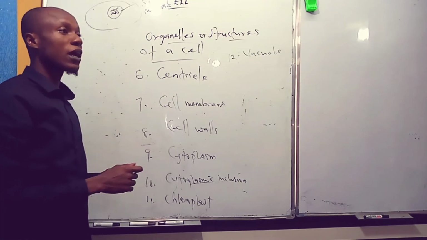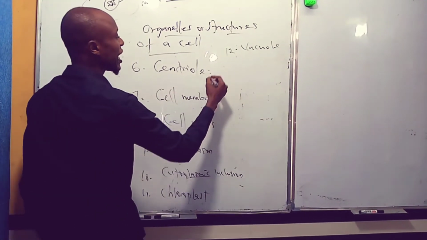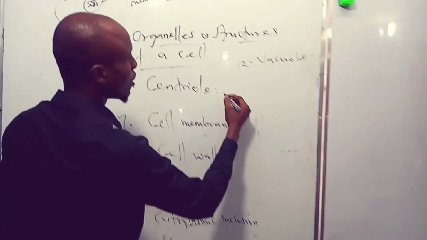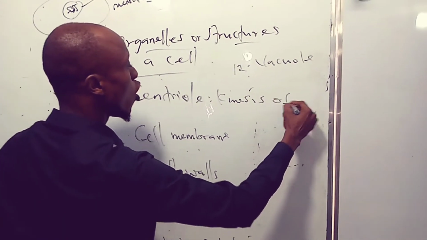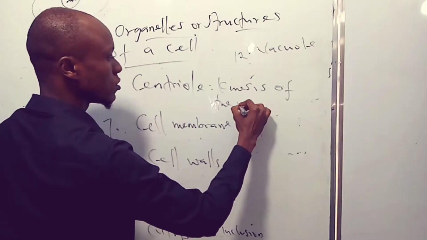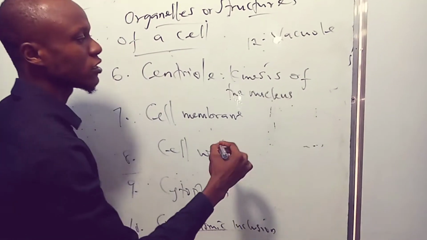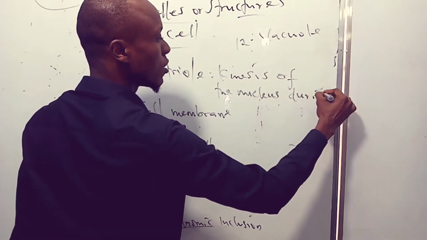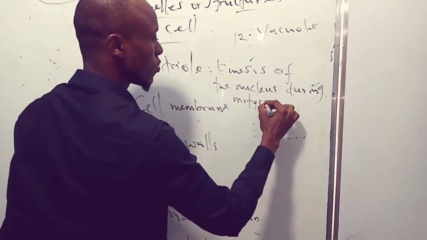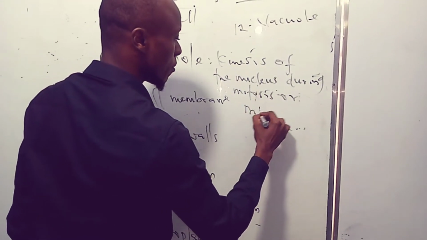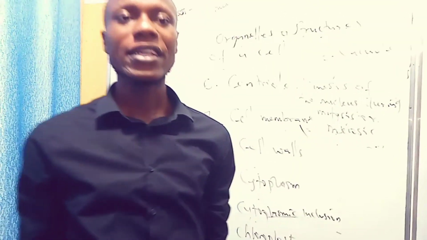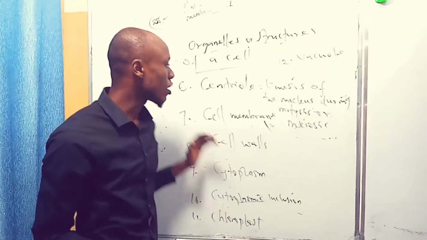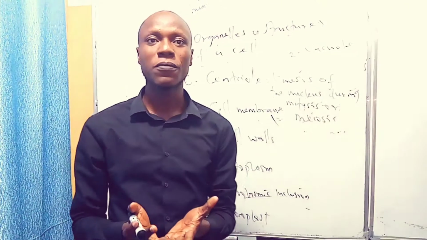The centriole is an organelle that aids in the kinesis of the nucleus during mitosis or meiosis. While the cell membrane is the organelle that envelopes the cell.